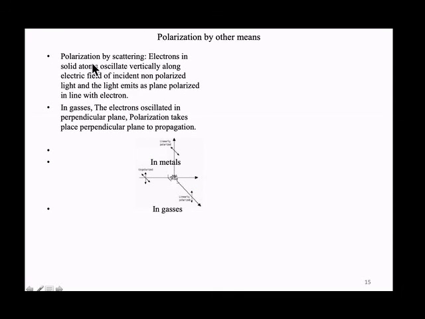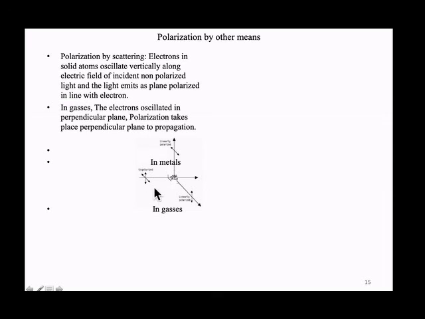Now you see some other way of polarization. Suppose in metals, the electrons oscillate with the non-polarized light. Suppose light is falling on metals, the electrons in the metals oscillate with electrical vectors and emit plane polarized light.